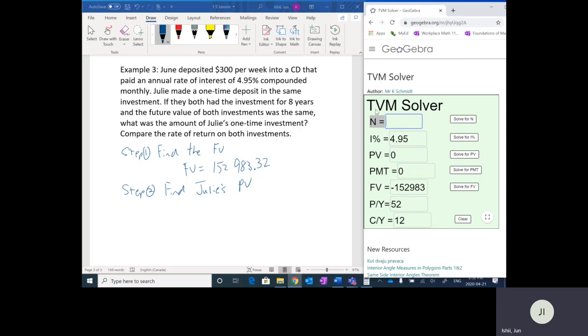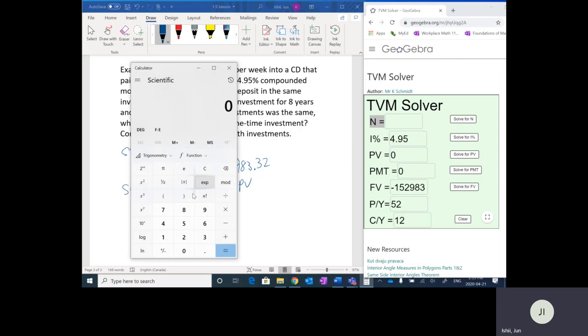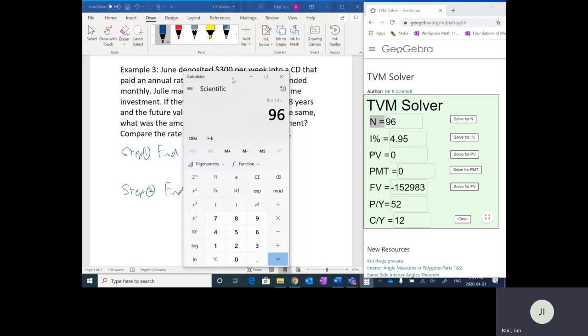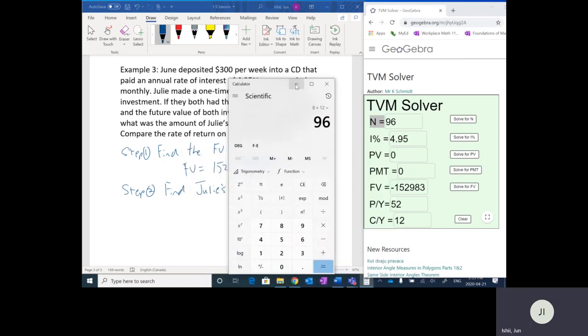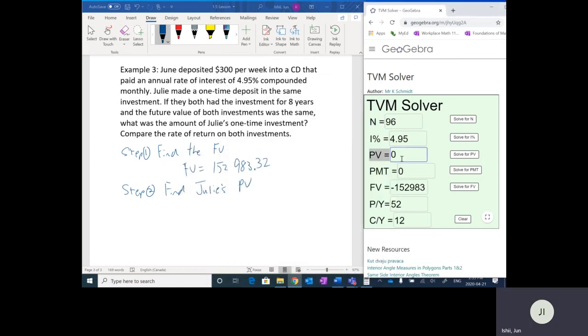In this case, n would be, it was compounded monthly for 8 years, so the number of compounding periods would be 8 times 12, which is 96. And we want to figure out what this present value is.